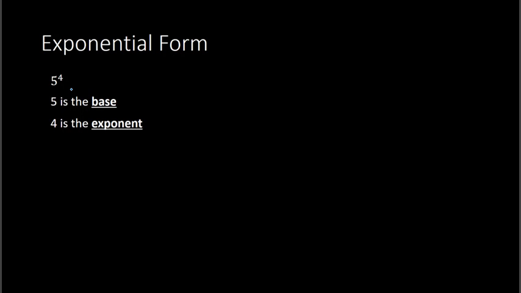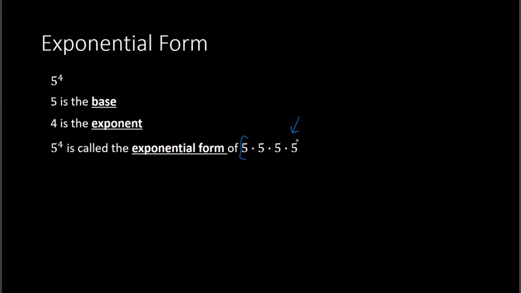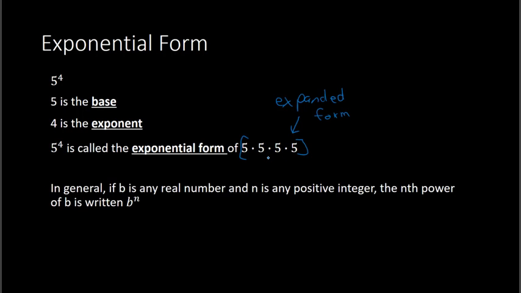So 5 to the fourth power is called exponential form. And then when you multiply it out like this, 5 times 5 times 5 times 5, that right here is called expanded form. So we have exponential form where you write it with an exponent, and then expanded form means you expand or multiply it out like this.